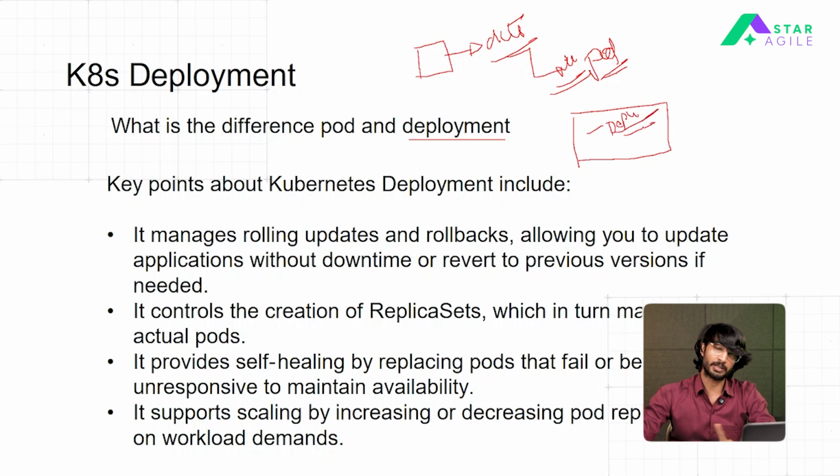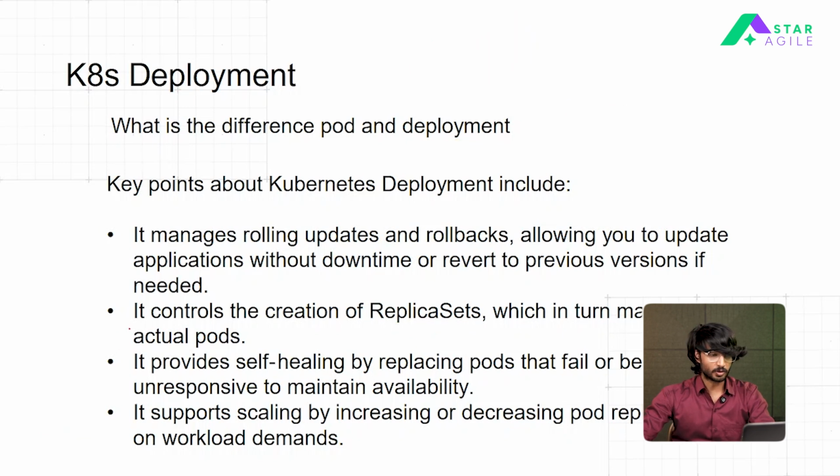Earlier, in the manifest file of your Kubernetes pod, we had kind Pod. In the case of deployment, we will have kind Deployment. And once you use kind Deployment, you get these features. One such feature is something called a replica set.